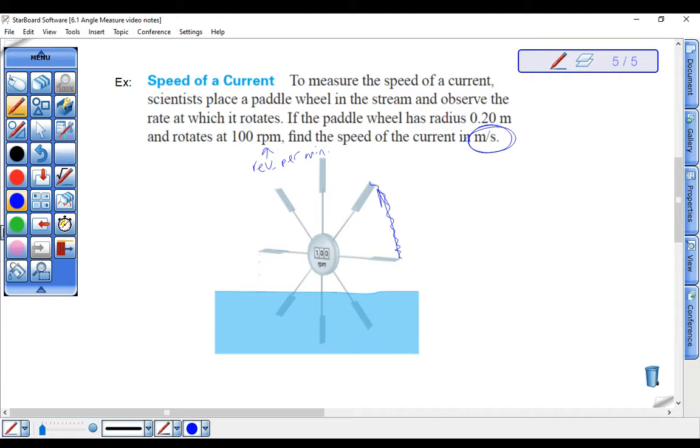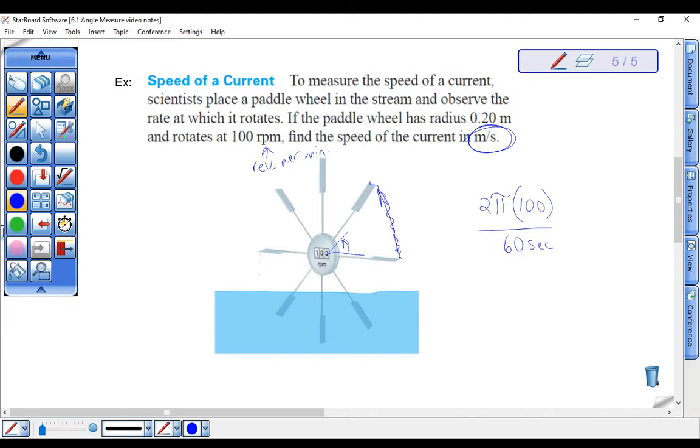Angular speed is how quickly our angle, our radians, change. We're going 100 revolutions per minute, and 1 revolution is 2 pi radians, so 2 pi radians times 100 is how many radians we travel in one minute, which is 60 seconds.